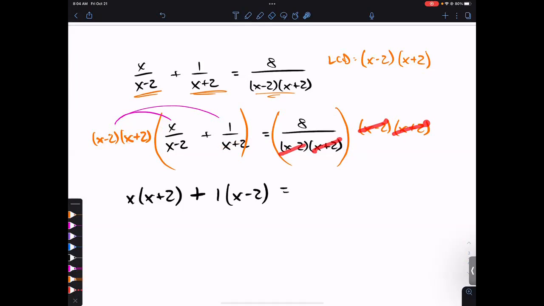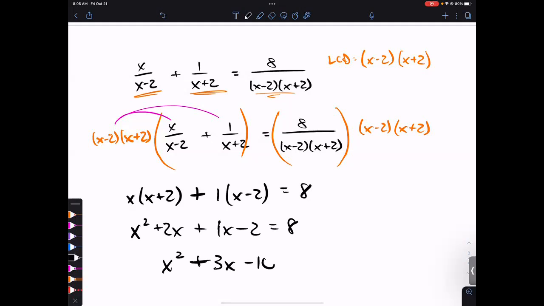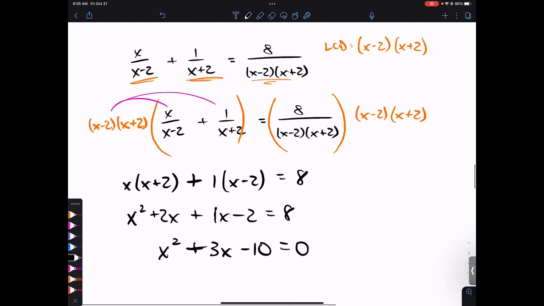X plus 2 also cancels. We just have 8. Expand. Combine like terms. I'm going to move the 8 over also. And we have that. I think that's where we called it yesterday.